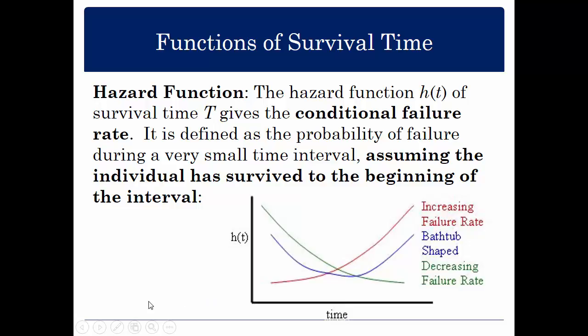Another useful tool from survival analyses are the hazards. Hazards are a little bit more difficult to understand, but if you understand something like an odds ratio, you can understand a hazard ratio. All a hazard does is describe the instantaneous event rate.